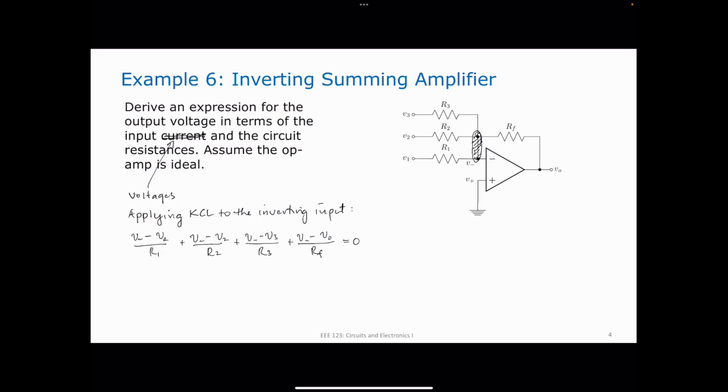But remember, we apply one of the assumptions for your ideal op-amp: V minus is equal to V plus. And in this particular case, V plus is equal to 0 because it is grounded. So V minus is equal to V plus, which is equal to 0. So all of these are now equal to 0.